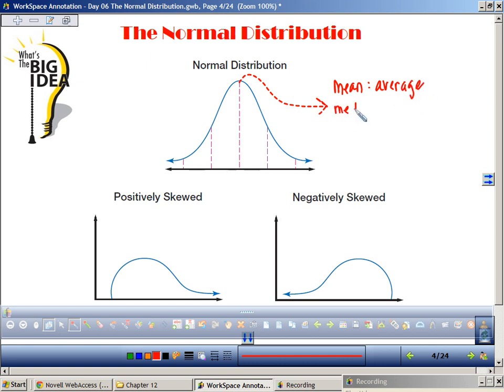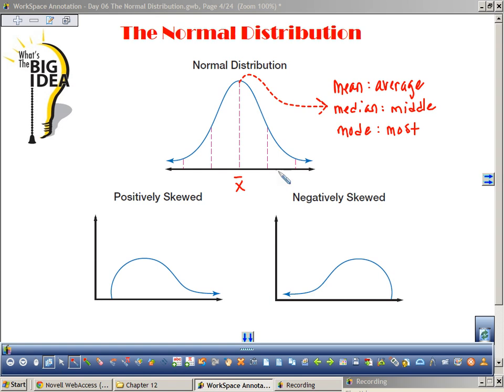Your median, what does the median stand for? Your middle. And your mode? Your most. So isn't it interesting that in a normal distribution, all 3 of those measures of central tendency are all right here? And this is called X-bar. That's what stands for mean.